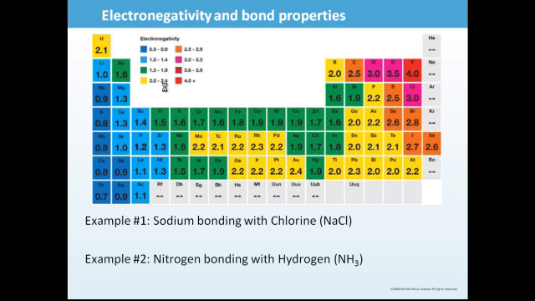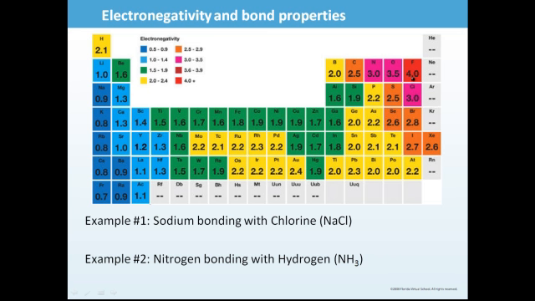Now this is something you're going to use in later lessons, but right now let's just go ahead and practice this real quick. Here is the periodic table with electronegativity values. And back in lesson 3.03, remember we mentioned that it's an arbitrary scale with fluorine being labeled as 4.0 because it has the highest electronegativity, and then everything else is compared to fluorine.